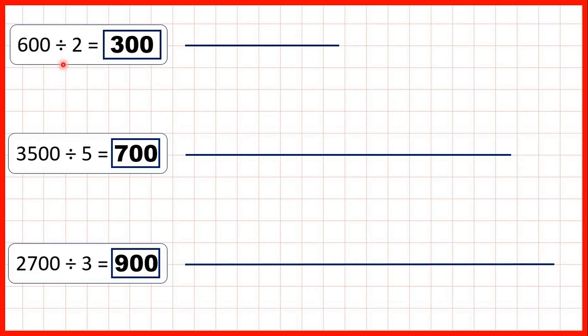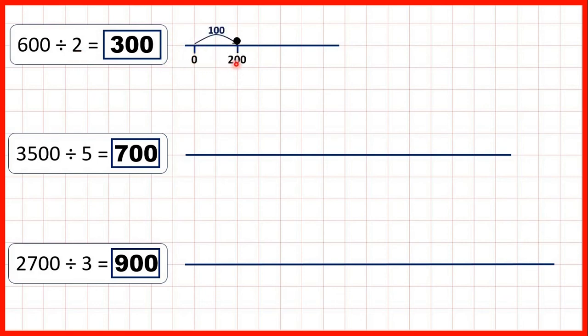So for this first question, 600 divided by 2, we know that one way to divide is to count up in steps of the divisor until we get to our dividend. But it would take us a long time to count up in steps of 2 until we got to 600. So instead, let's count in steps of 100 times 2, so in steps of 200.